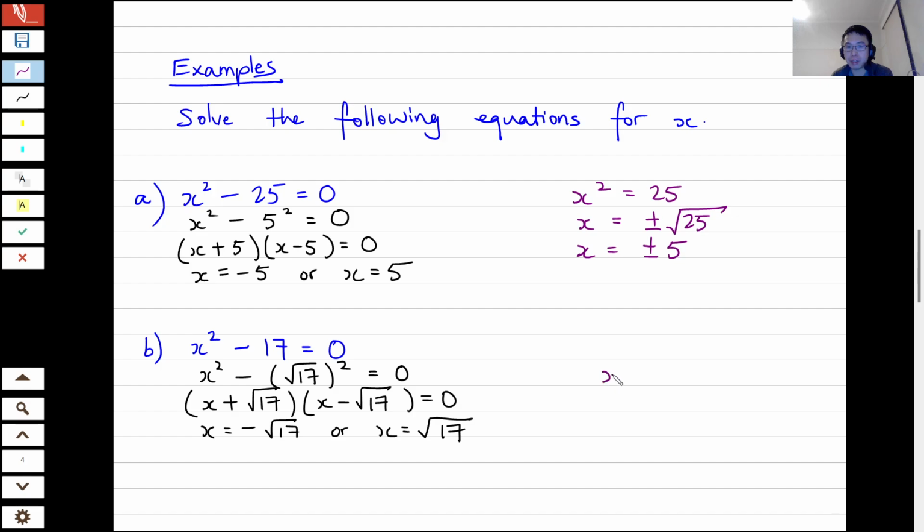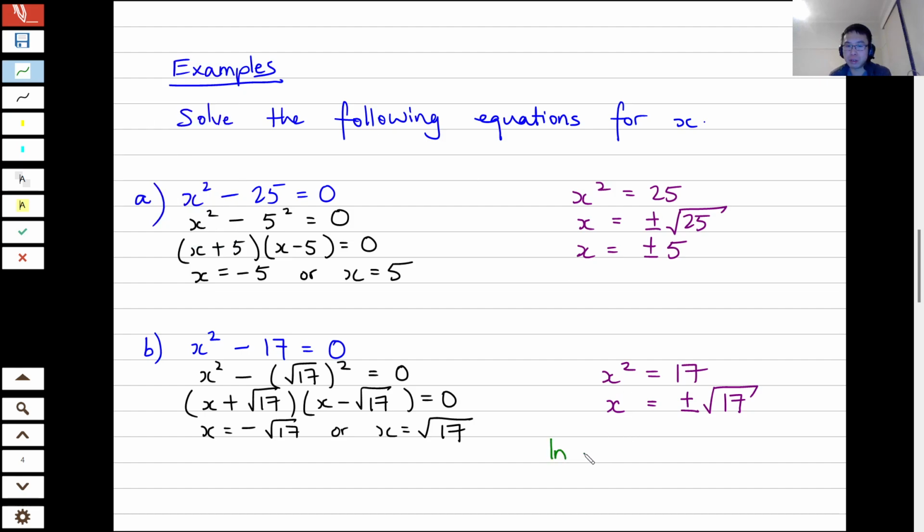Alternatively, I could have written x squared equals 17 and then taken the square root of both sides. But I have to remember this gives me two possible solutions, one positive and one negative.